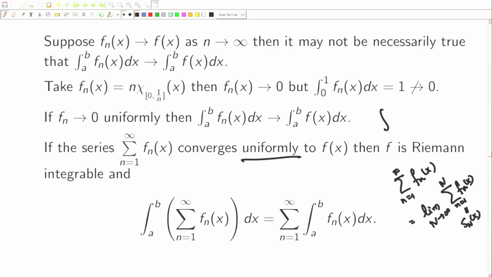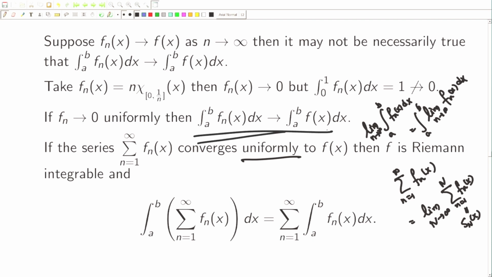This essentially is saying what? The limit as n goes to infinity of the integral a to b of f n x dx is equal to the integral a to b of the limit as n goes to infinity of f n x dx. That is the meaning of this statement. So, we can interchange the limit and integral if we have uniform convergence with us.